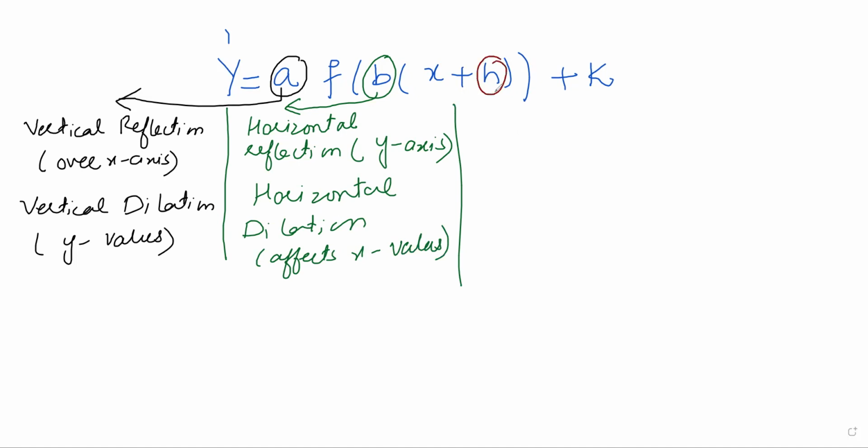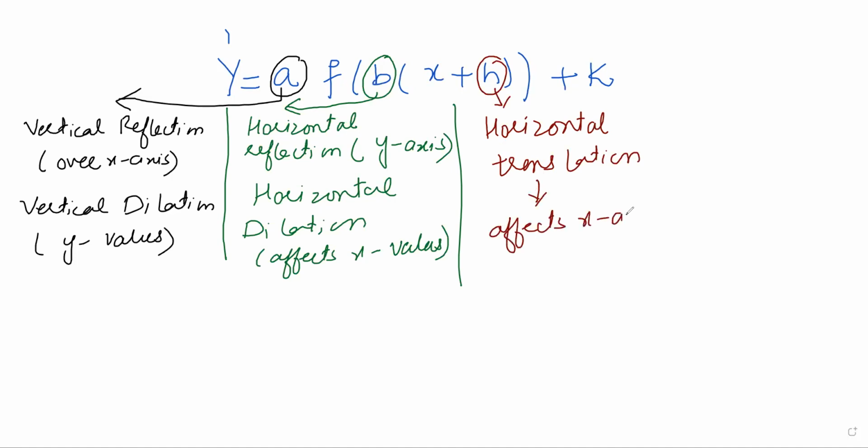The next is the factor H. The factor H is responsible for horizontal translation, which means it affects the x-axis.